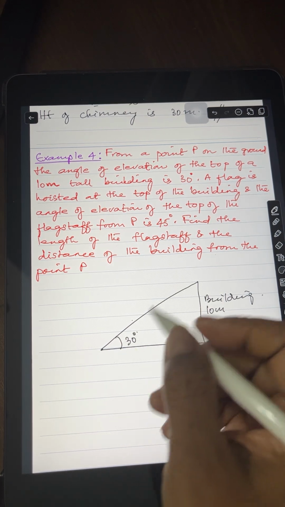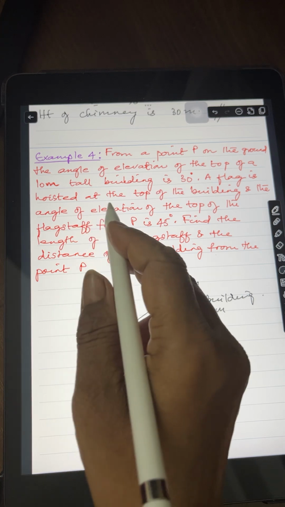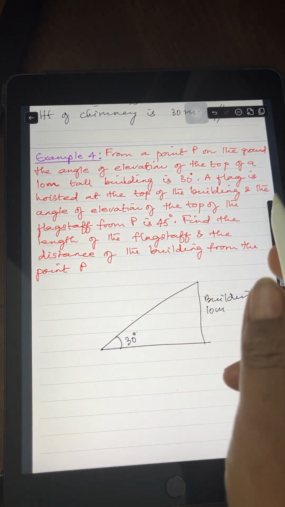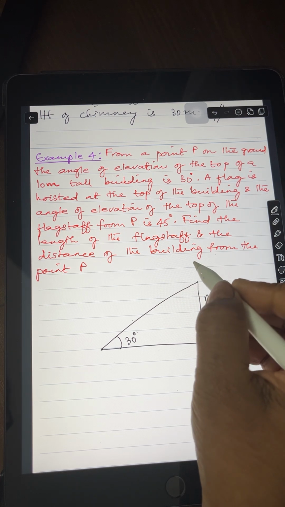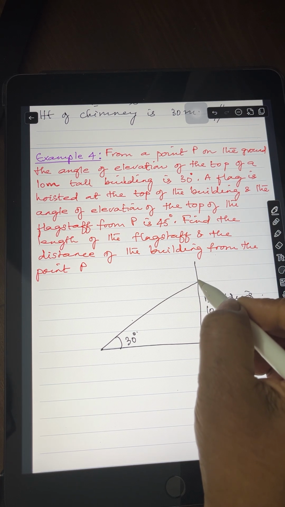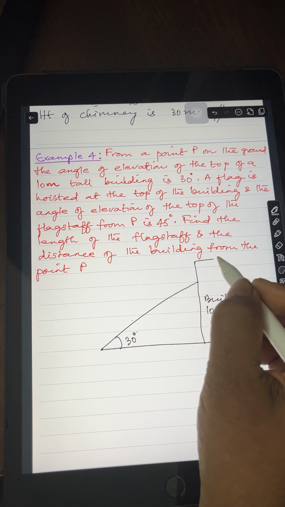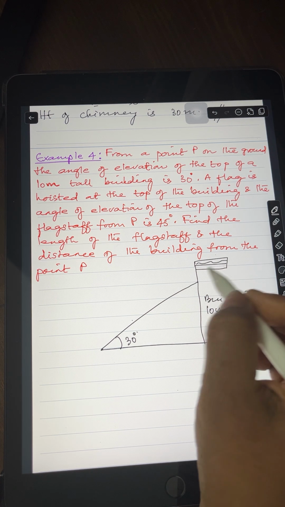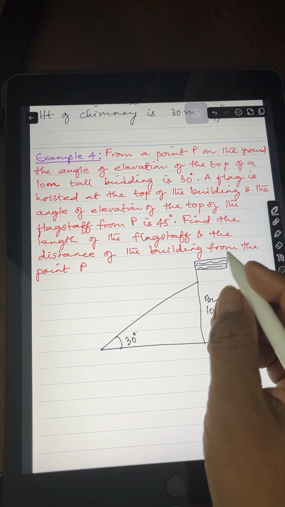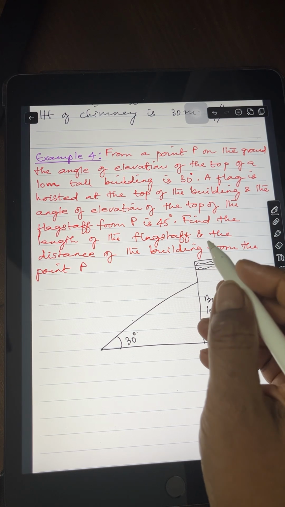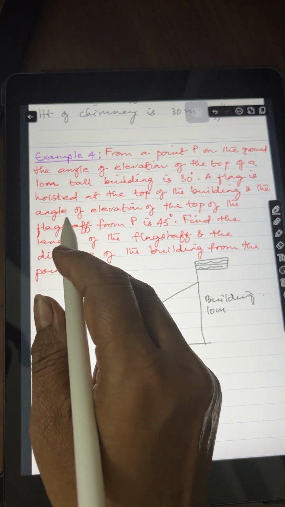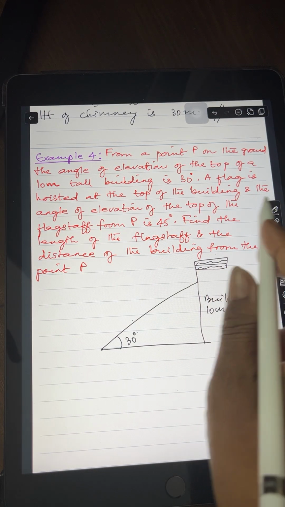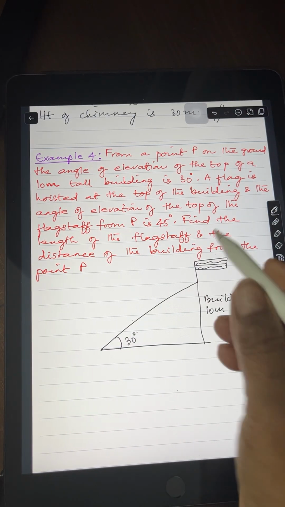This is 30 degree. A flag is hoisted at the top of the building and the angle of elevation of top of the flagstaff. Now what is a flagstaff? This is the flag, hanging here.